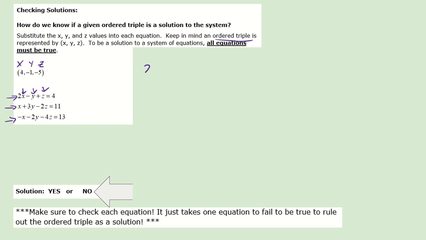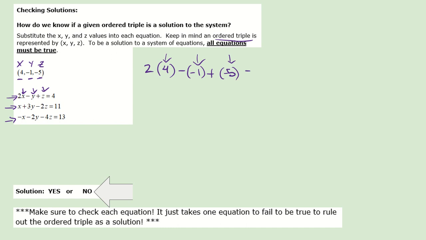So let's check. The first one has 2x, so we're going to replace the x with 4 according to our values up here. So we're going to have 2 times 4, and then minus y, so we're going to put minus (-1), plus z, so we're going to put plus (-5). I strongly encourage you to write parentheses every time you substitute because it decreases the chances of you making a mistake.